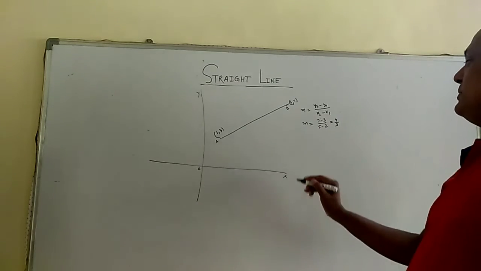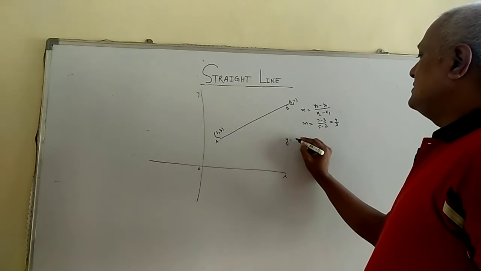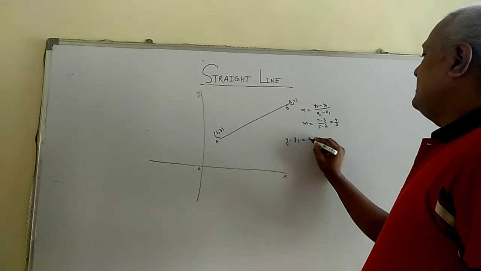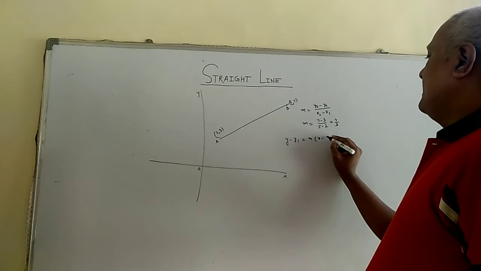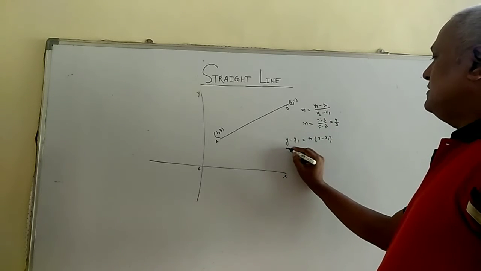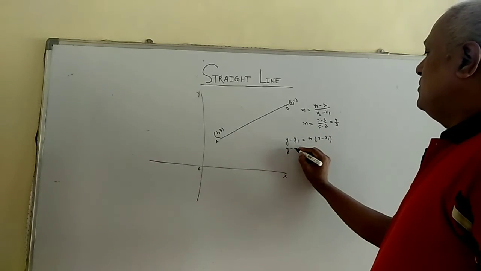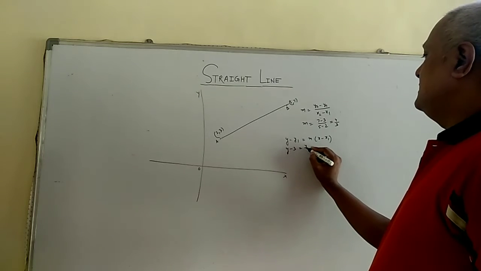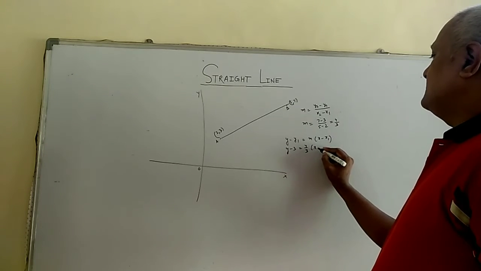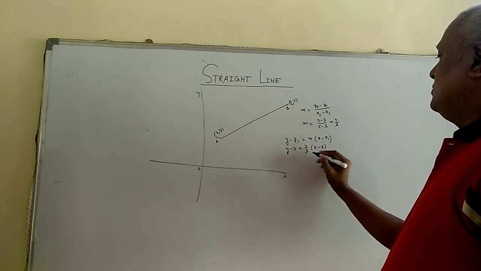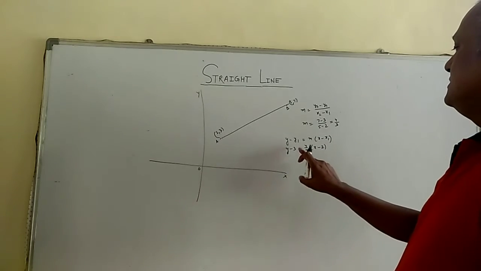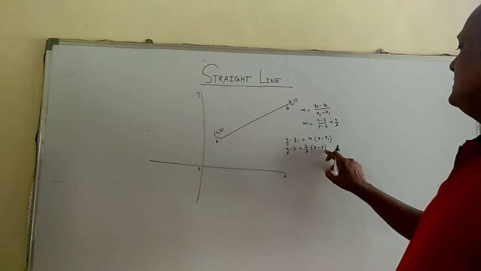Now I take this point because my formula looks like y minus y1 is m times x minus x1. So y minus 3 is 4 by 3 times x minus 2. This is x1, y1, so y1 is 3, x1 is 2.